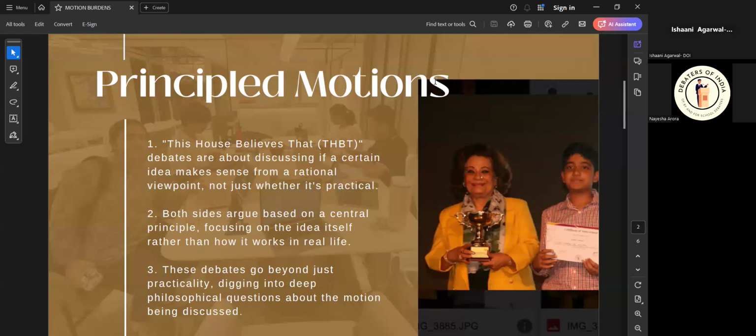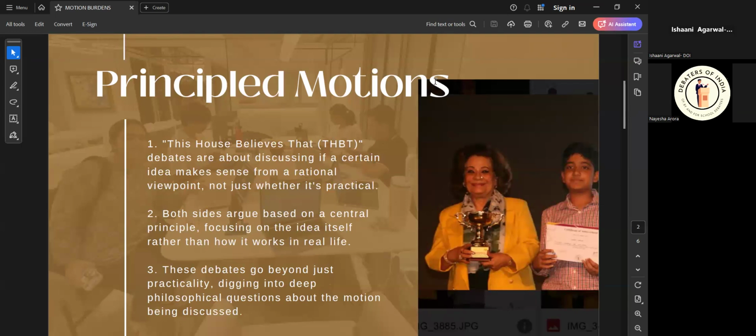In these types of motions, you can say that we concede to the fact that in some areas, side proposition or side opposition is right, but there are other things which are needed more or have a better impact. That is why we believe that our side stands for this.